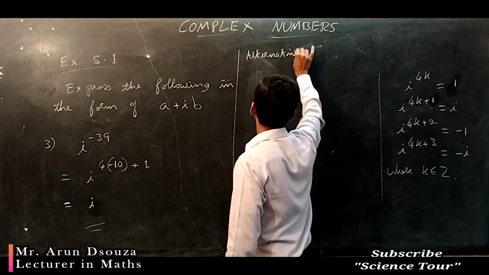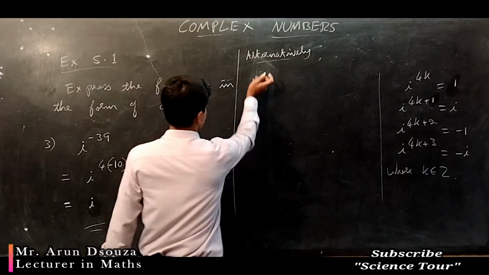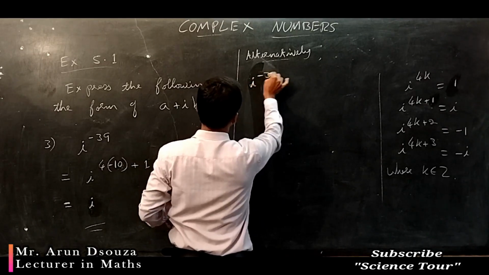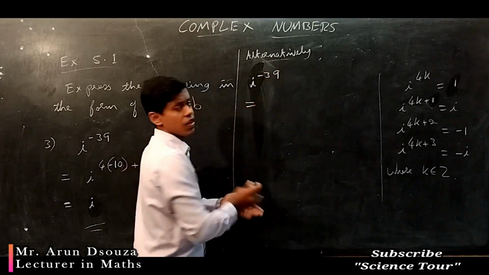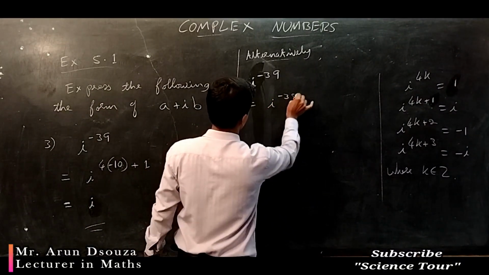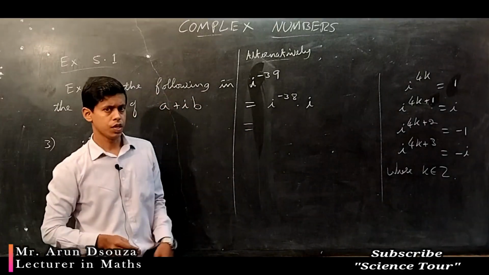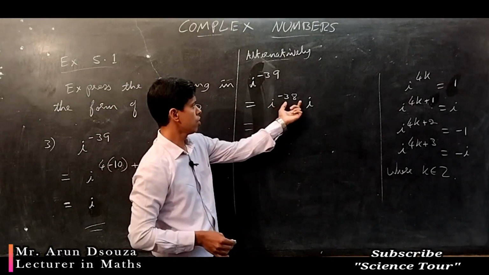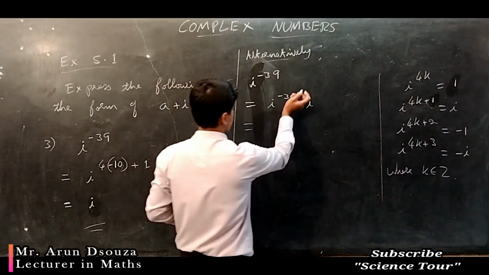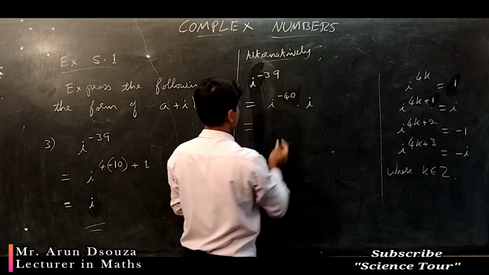Alternatively, what we can do is, i raised to minus 39 is there, no? That you will write as i raised to minus 38 into i, okay. Now plus 1, right? So this is not correct. So what you will do is you will write minus 40.